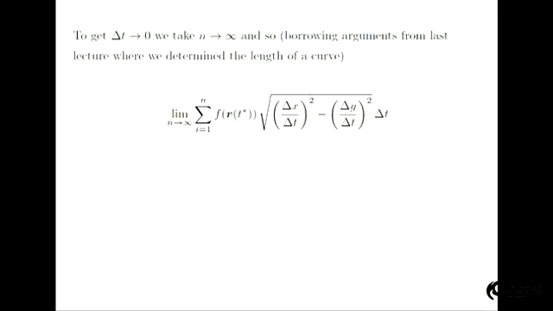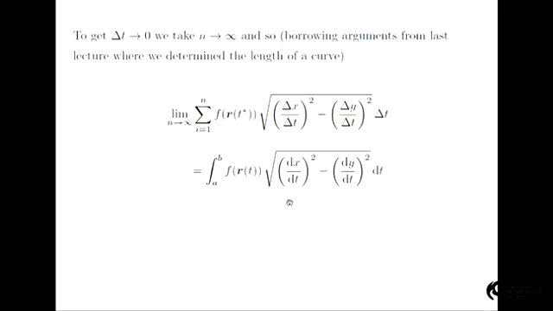And borrowing arguments from the last lecture where we determined the length of a curve, we can make this type of argument. So the limit as n goes to infinity of the sum from i equals 1 to n. If you take your interval t divided into n many pieces, and you sum the heights at those individual t's and multiply by this distance, this line, that is exactly equal to, well, by definition, right?